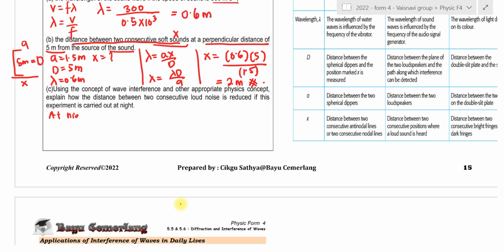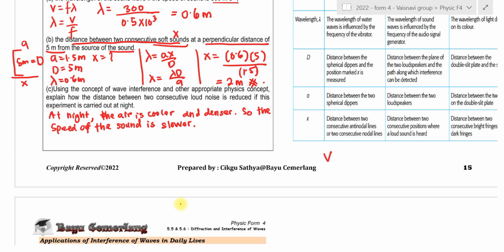At night, the air is cooler and denser. So the speed of the sound is slower.